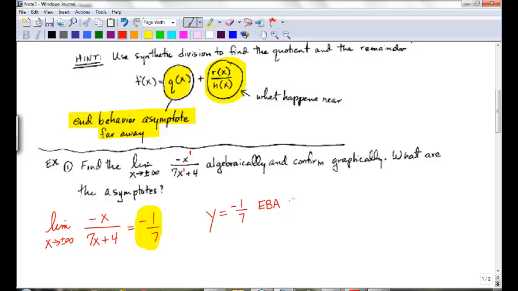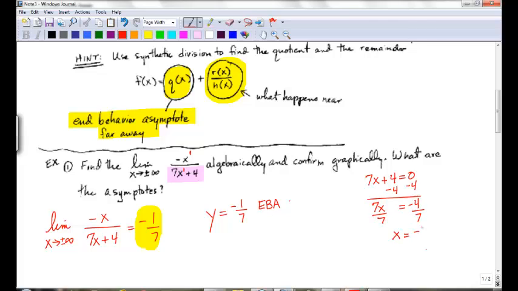The other thing that you should be able to get is by looking at the denominator. You can't have division by 0, can't have square roots of negatives, so just set 7x plus 4 equals 0, subtract 4, so 7x equals negative 4, divide by 7.